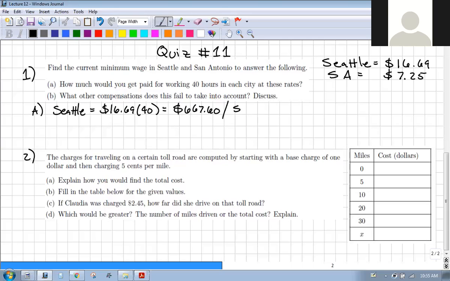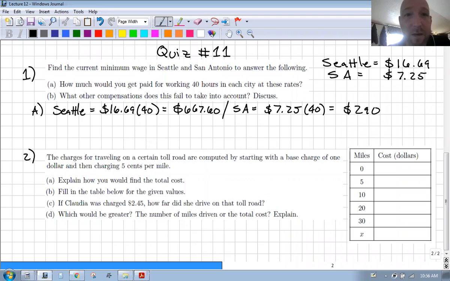And San Antonio, 7.25 times 40, $290. That's a substantial difference, isn't it? My guess is housing and stuff costs a lot more in Seattle, but I've never lived there, so I could be wrong.